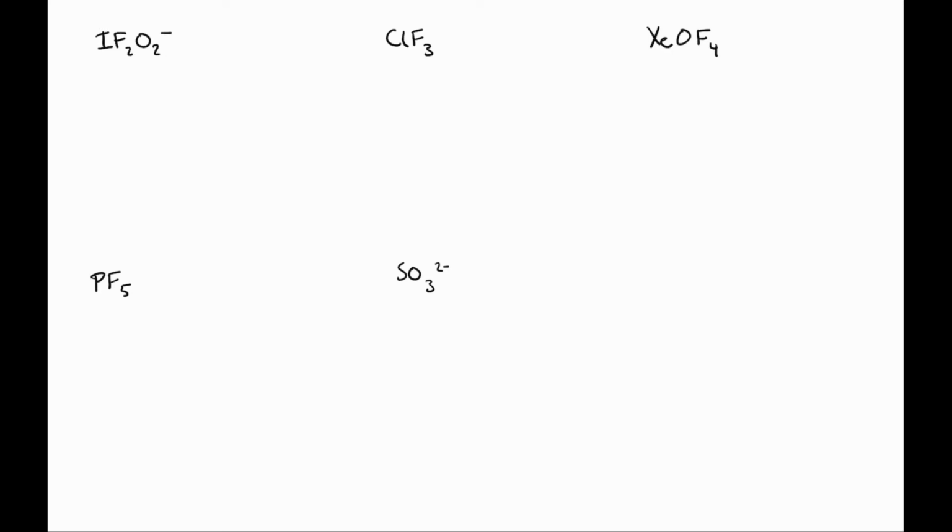I'm not going to spend a whole lot of time on the process for drawing the Lewis structure for all of these, but by the end we'll have some good examples to work with. So for starters, with this odd-looking compound in the upper left-hand corner of the page, we start by identifying the least electronegative atom, because that's going to be the center of our compound.